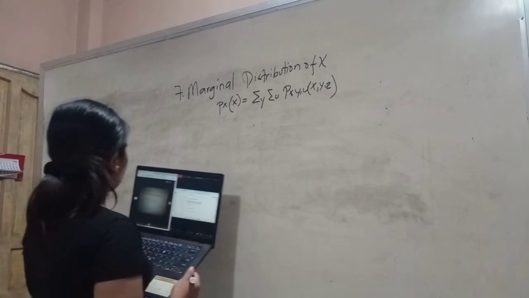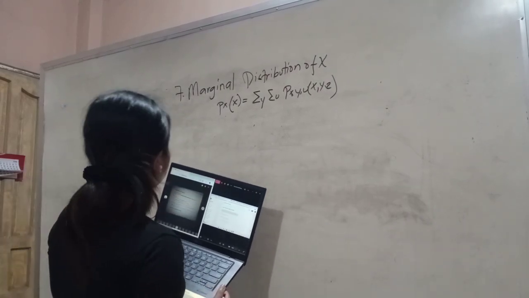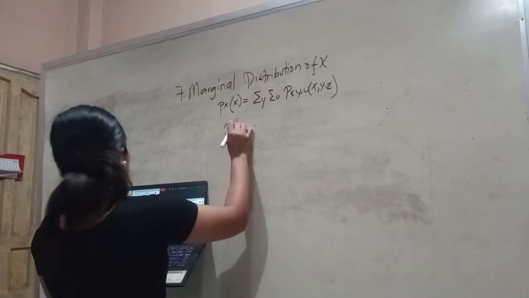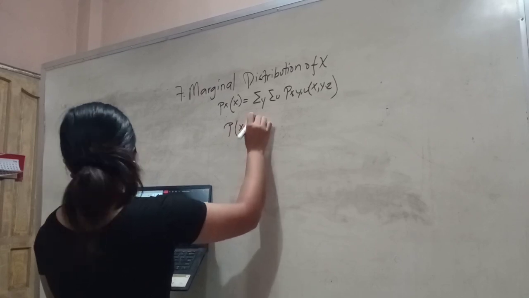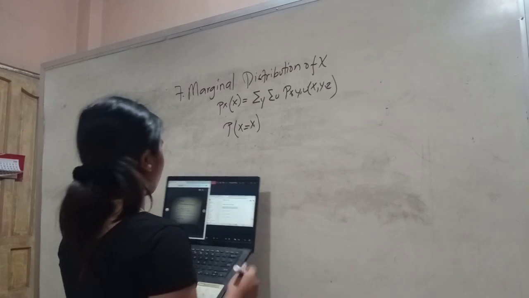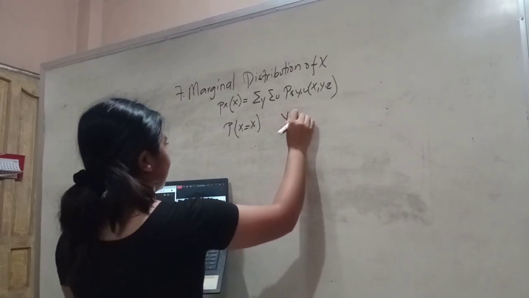This shows how to find the marginal probability mass function of x from the joint distribution. To find the probability that X is equal to x, we sum over all possible values of y and z.